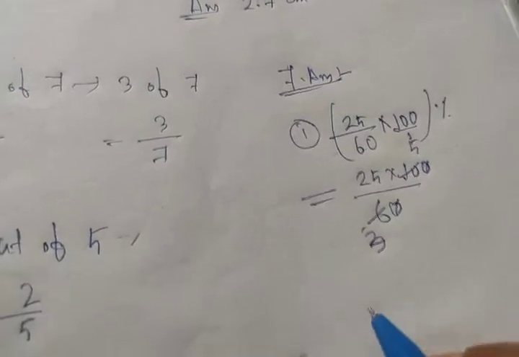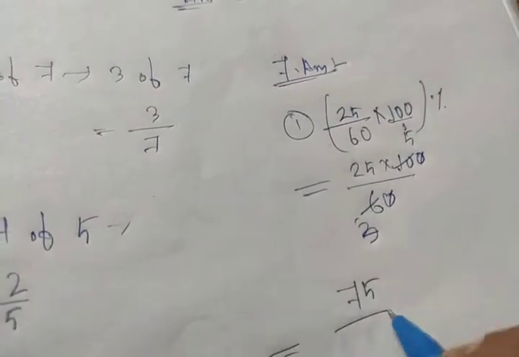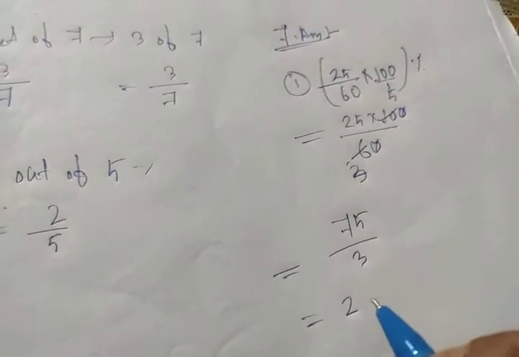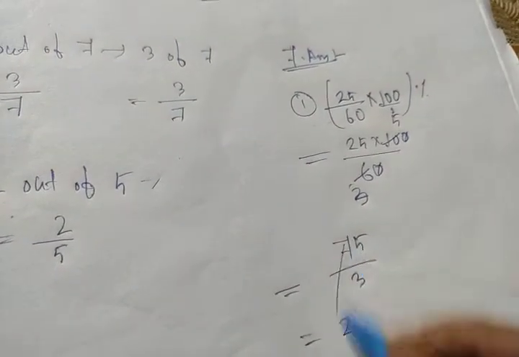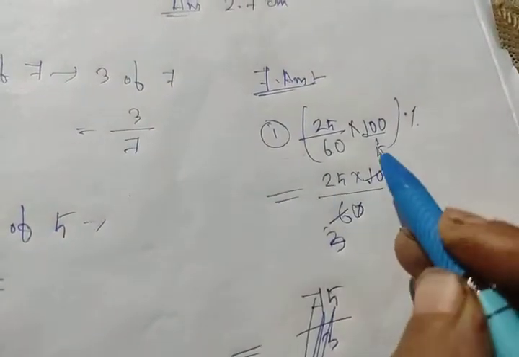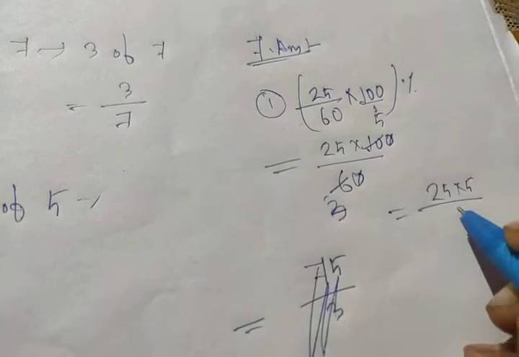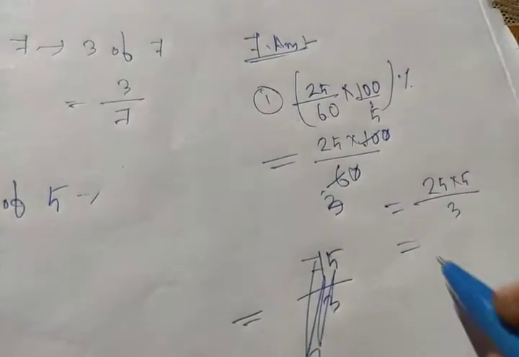So your answer will become 25 into 5 by 3. 3 2s are 6, 3 5s are, sorry, this will become 25 into 5 by 3.